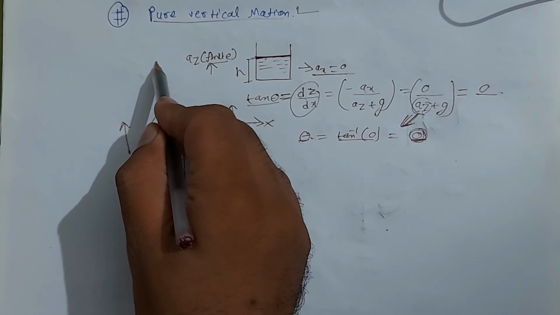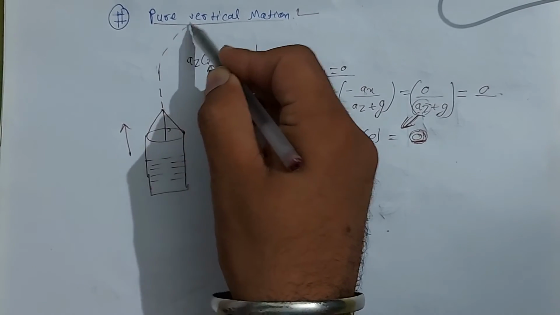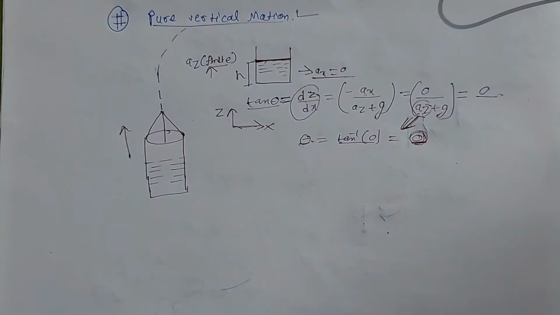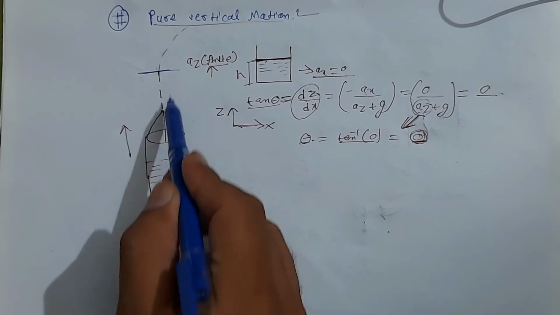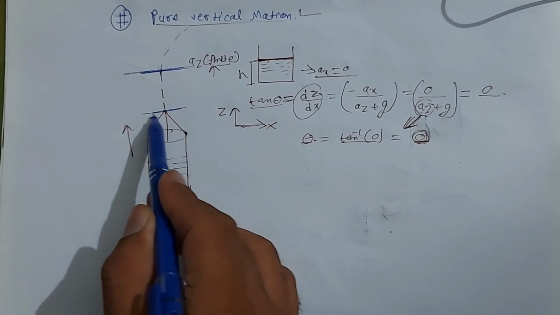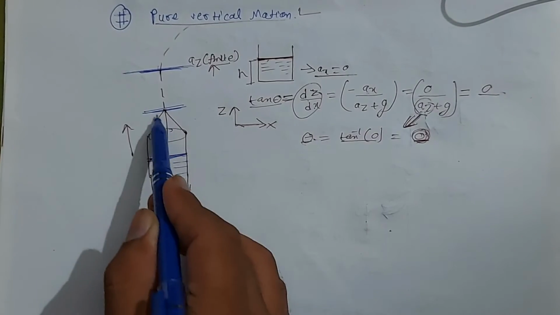So if the rocket is following this path, after some time they curve their path. So in this region of their journey, the free surface, the fuel, would be horizontal.